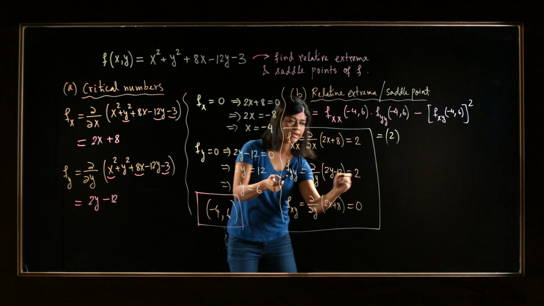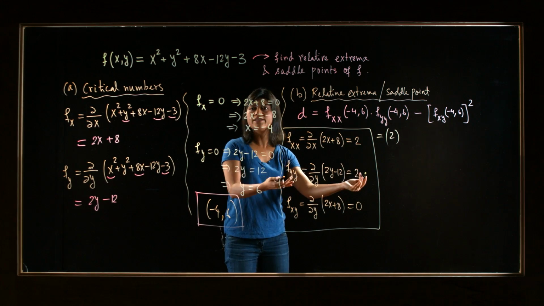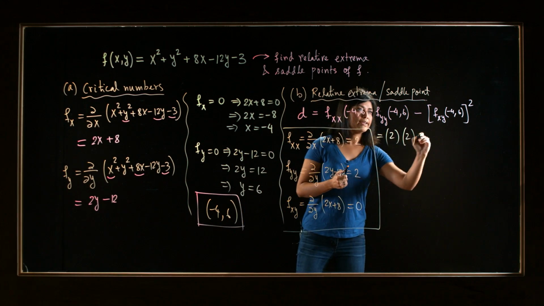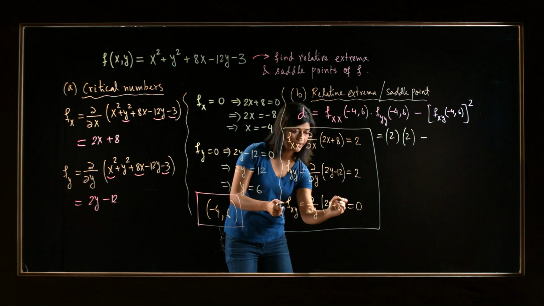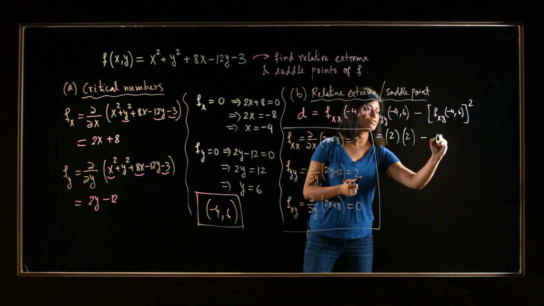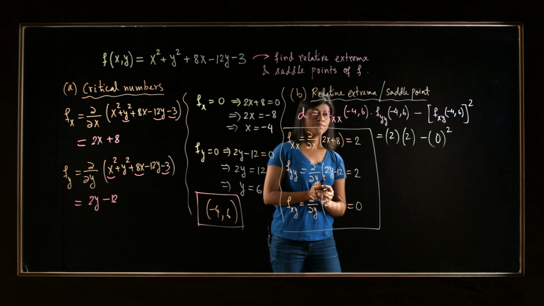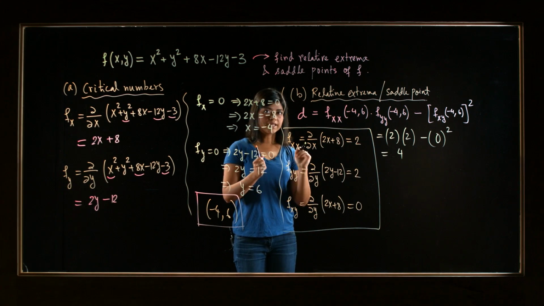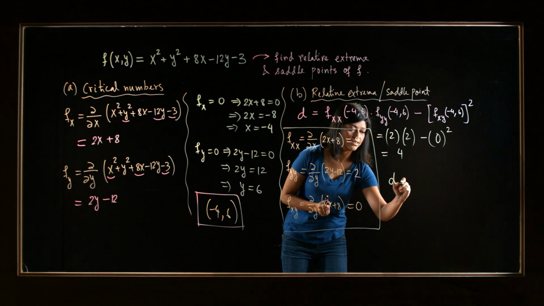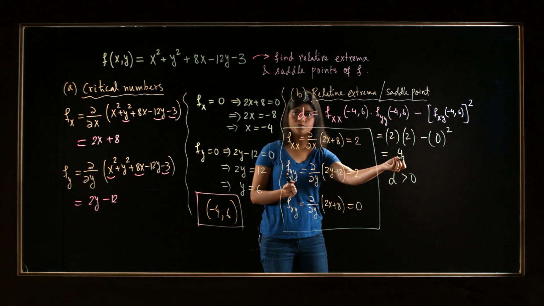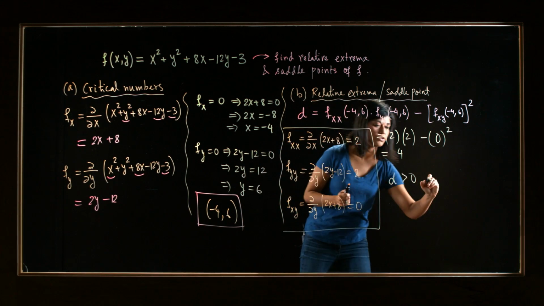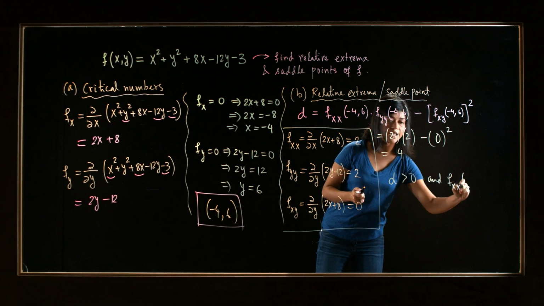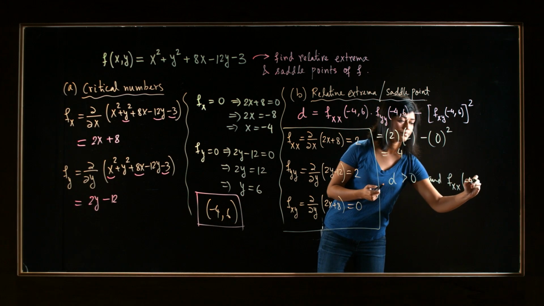What about fyy at this point? Again, it's always that constant, so it's again 2. Minus, fxy is always 0, so this is 0 squared. So d is 4.